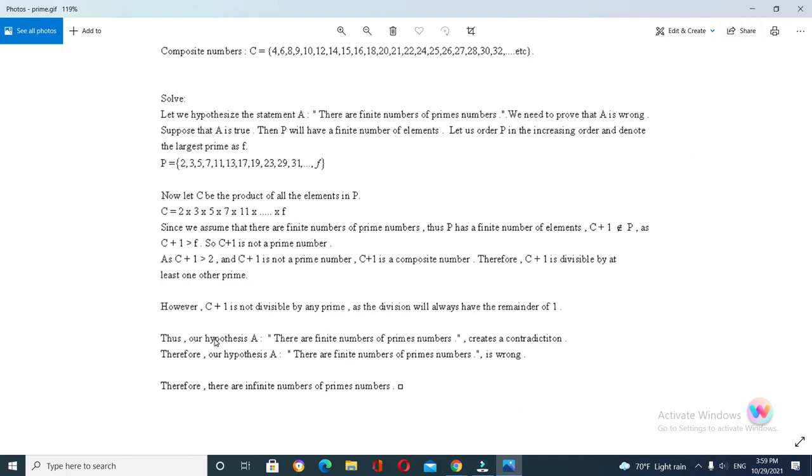Therefore, our hypothesis A, there are a finite number of prime numbers, is wrong, because it creates a contradiction. So therefore, the opposite of hypothesis A is true, which is there are infinitely many prime numbers. Therefore, we have proved what was necessary.